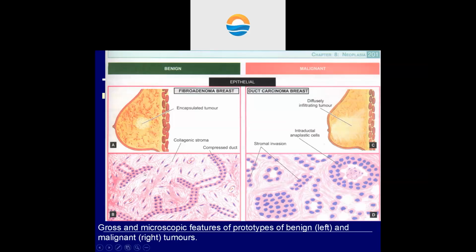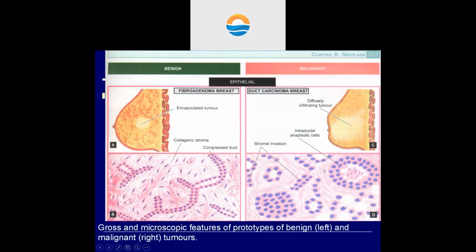But the cells are the same as in the normal situation. No change in size, no changes in the connective tissue pattern, no changes in the nucleus.